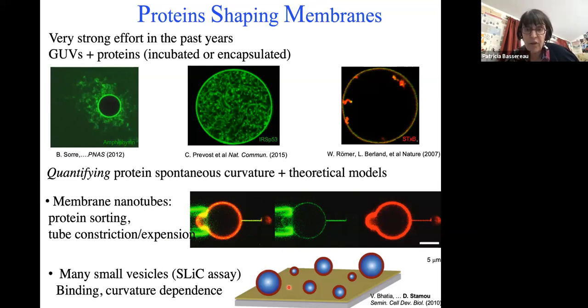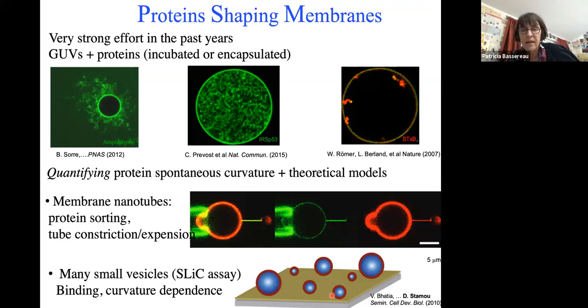But there is also another interesting assay which was developed by Dimitris Tamou, which is called SLICK. In this assay, Dimitris was able to prepare small liposomes with a diameter below 200, 300 nanometer, down to 20 nanometer.